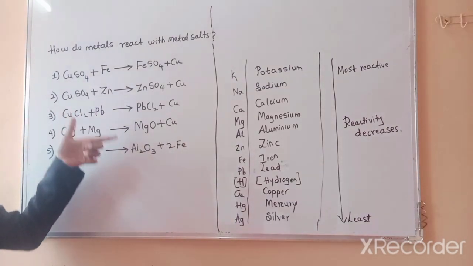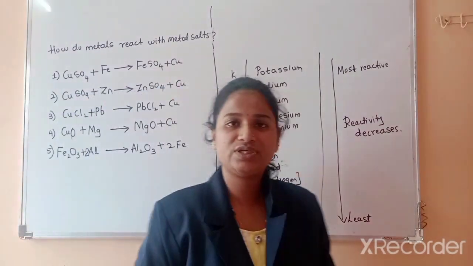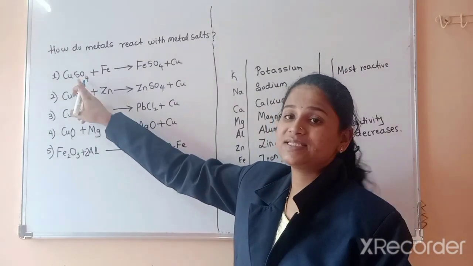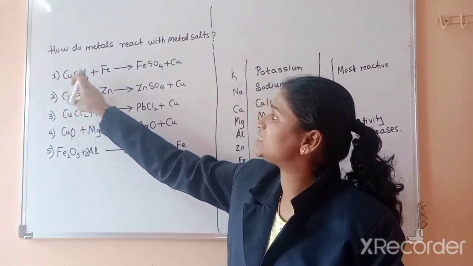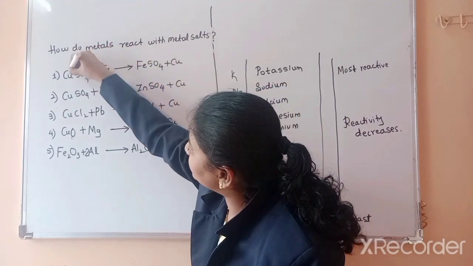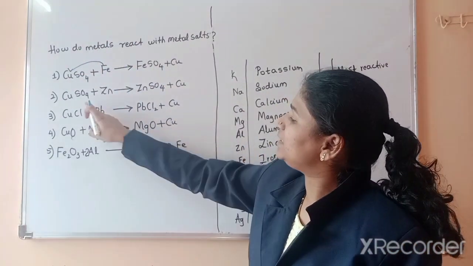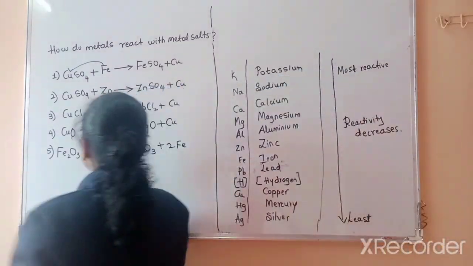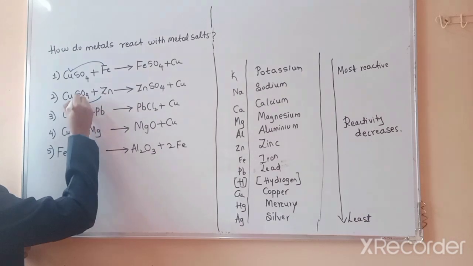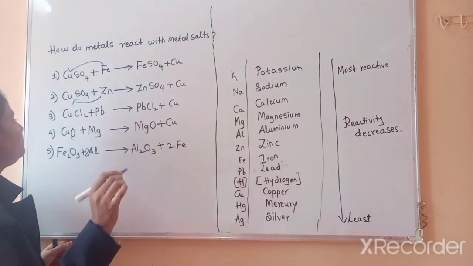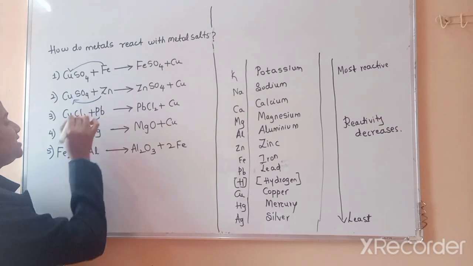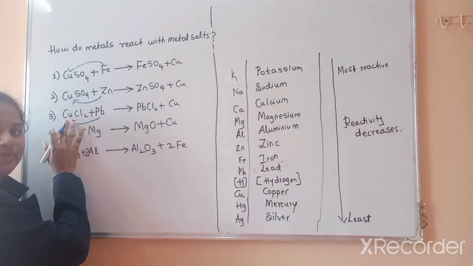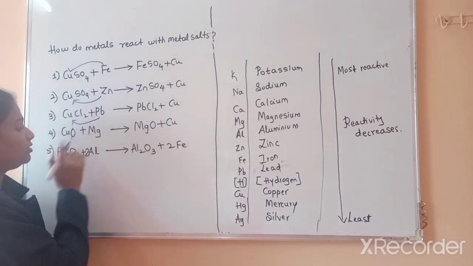When you observe these reactions, you can see that in the copper sulphate solution, the copper has been displaced by iron. In the same way, in a copper sulphate solution where we had put zinc, the zinc displaced copper. When lead had been put in a copper chloride solution, lead displaced copper from its solution.